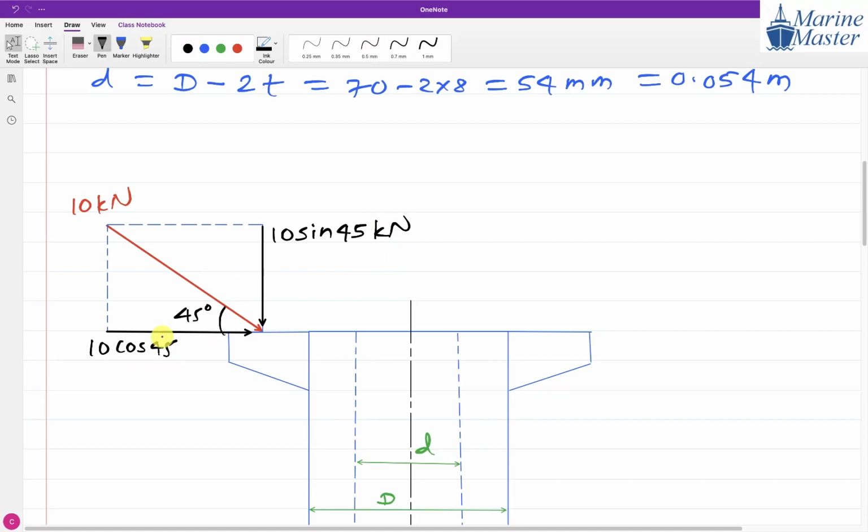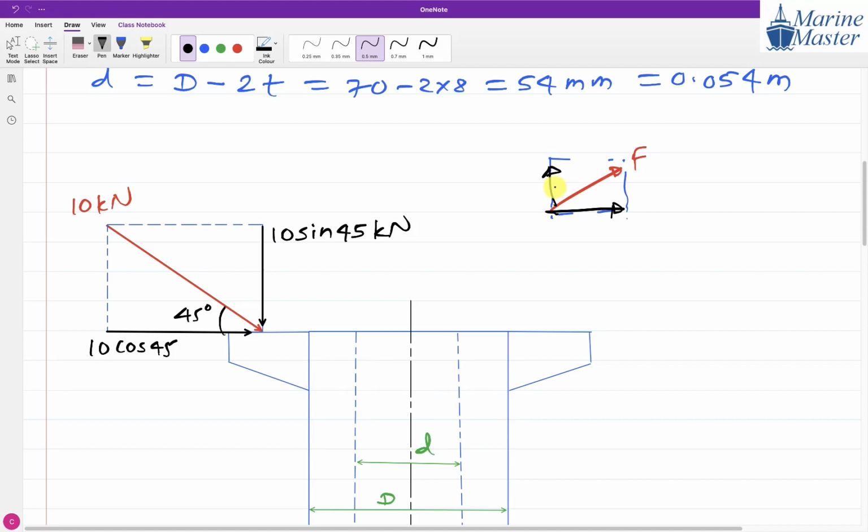Remember this one. Here the angle is with respect to the horizontal. So horizontal will become cos. The other one will become sin. Remember, whatever the angle. Guys, just imagine this is a force here and we are taking its two components. For that I'm making a rectangle like this and showing the components here.